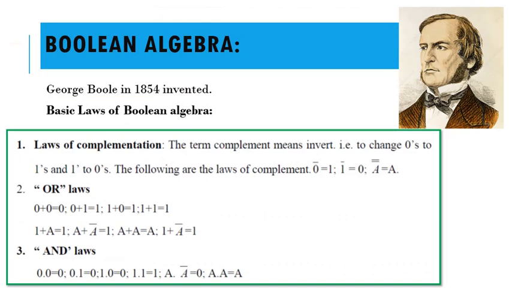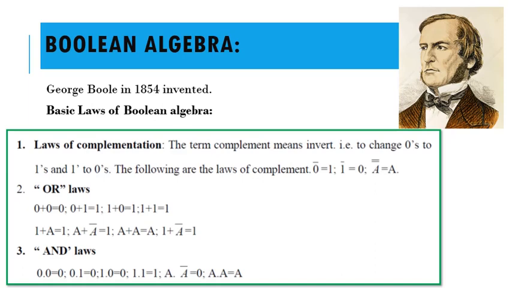To begin with, Boolean algebra is used to analyze and simplify digital or logic circuits. It uses only the binary numbers, that is 0 and 1, and hence it is called binary algebra or logical algebra.